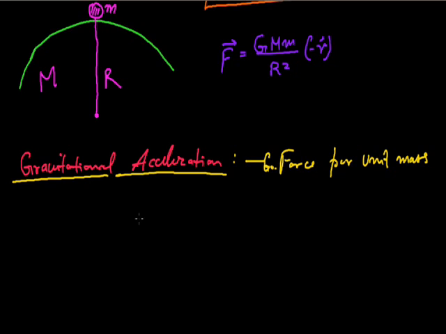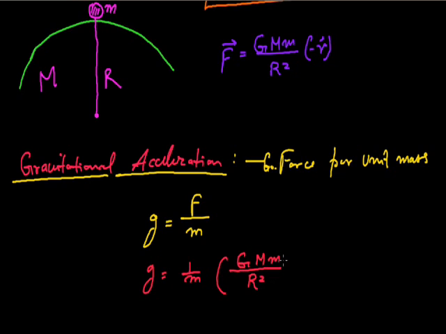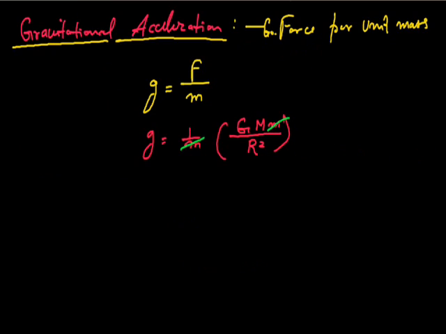It means g, gravitational acceleration, g will be equal to F upon m, and we know that F is G M m upon r square, so g will be given by G M upon r square.